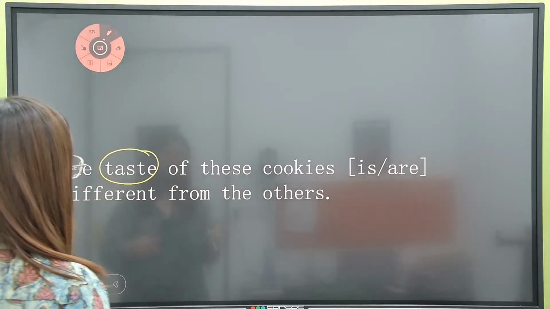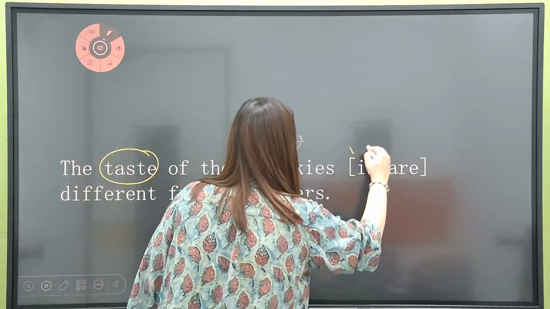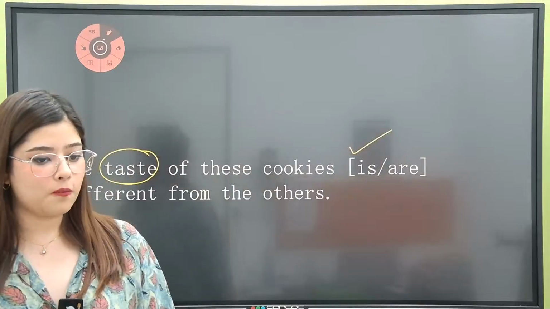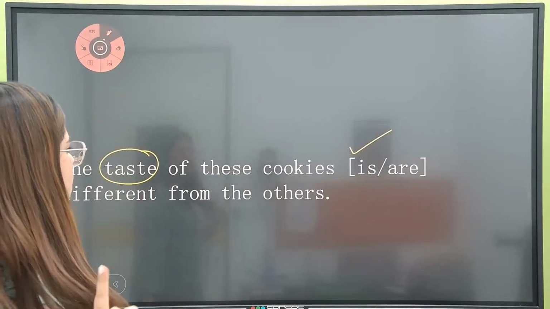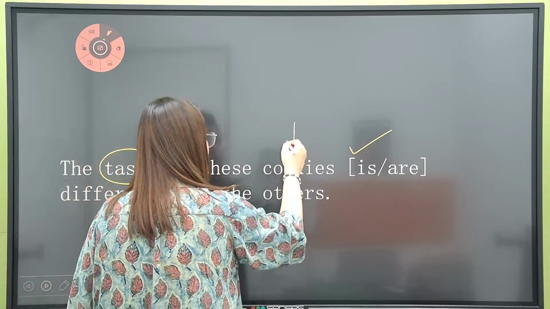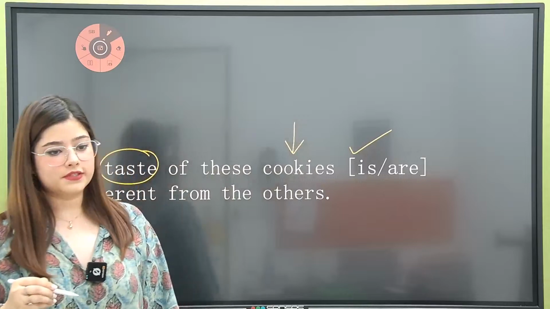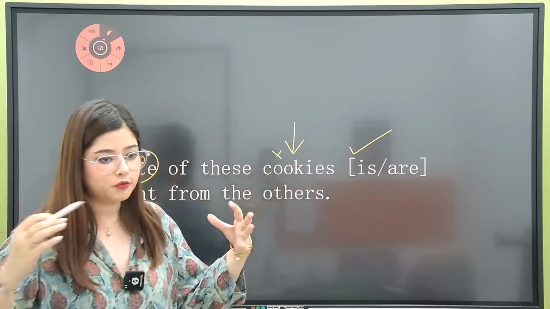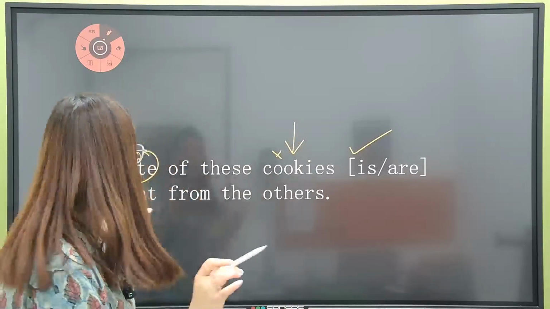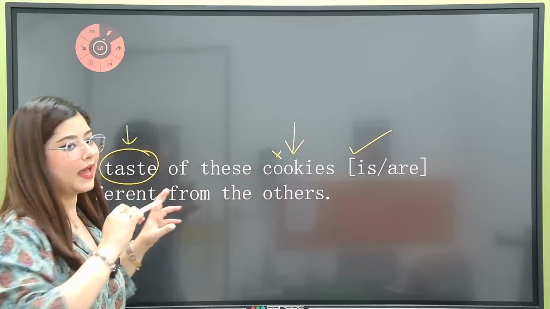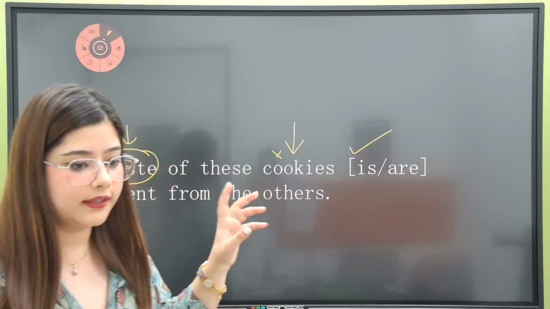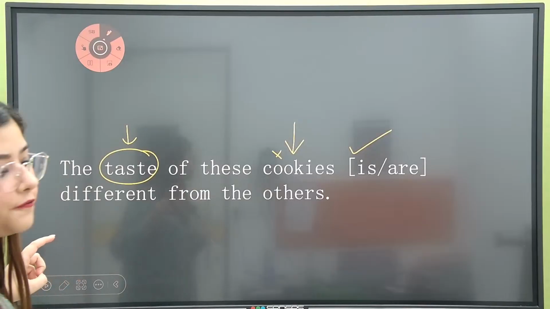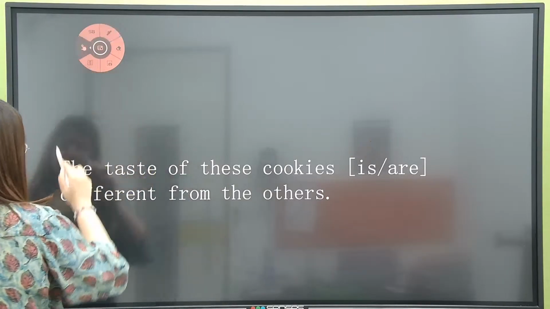So the taste of these cookies is different from the others. Please do not confuse yourselves. We are not looking at this. This could be singular, this could be plural. We don't care about that. This is what we are looking at. Okay, the taste of these cookies is different from the others.